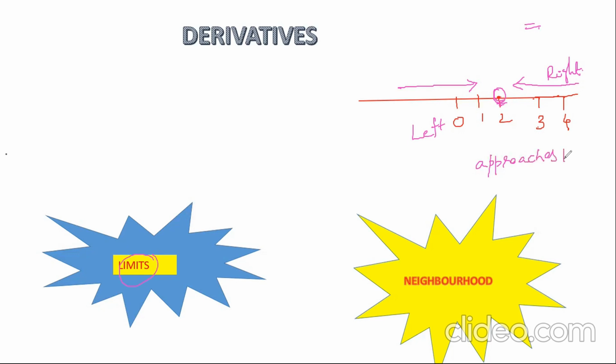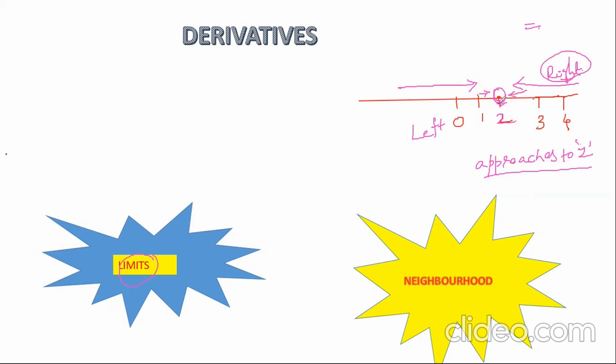You are approaching 2. That is the meaning. So in two ways, from the left side you can approach, or from the right side you can approach, right? So you are approaching 2, meaning here also you are approaching 2.